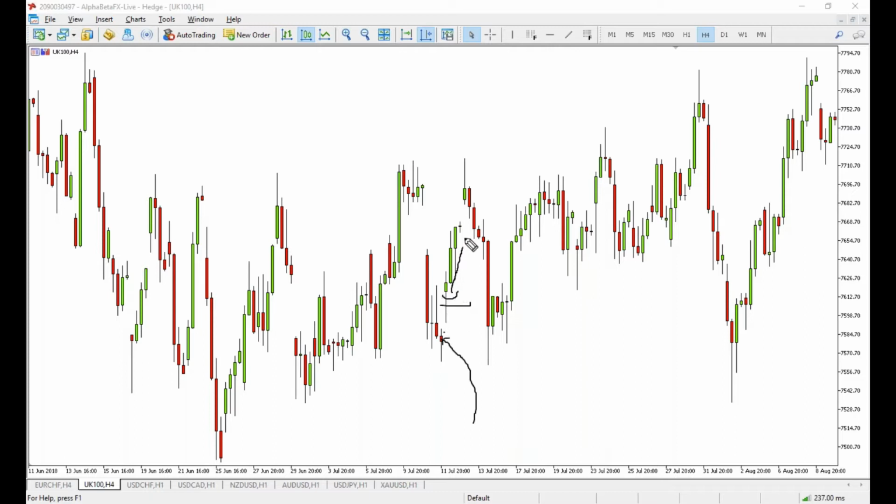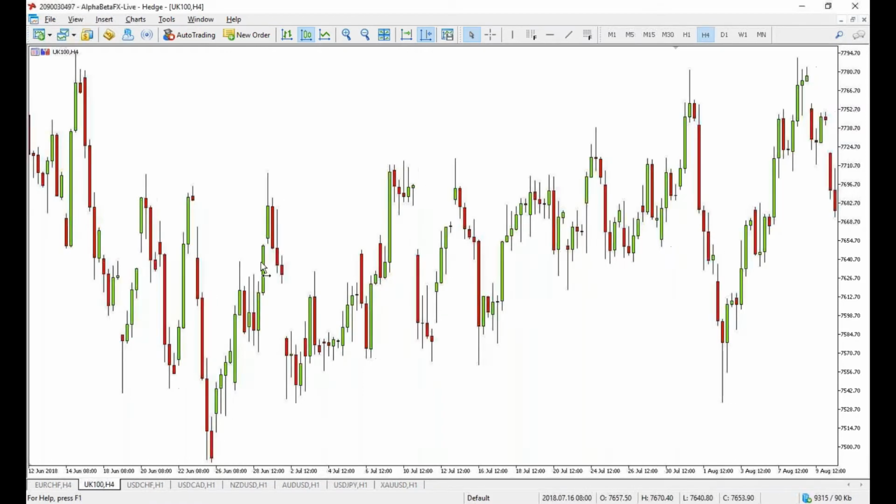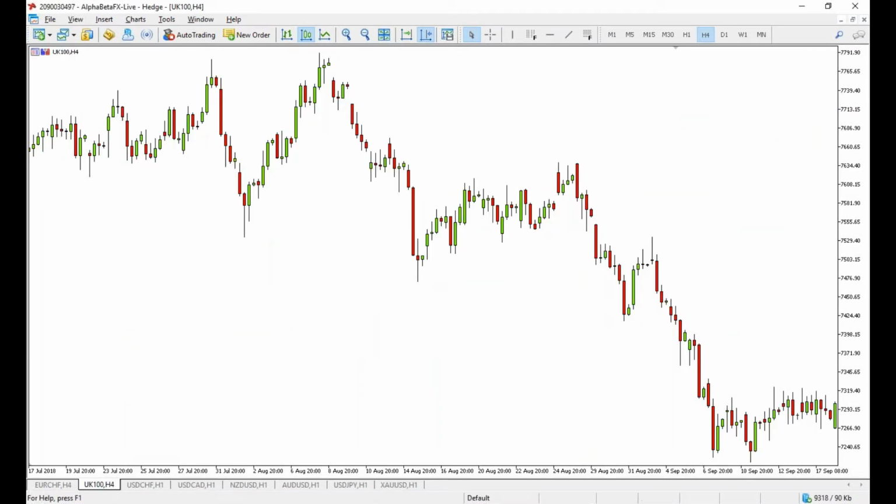And the price has gone way up, up, up. So this was a classical example of the bullish kicker. Similarly, we can train our eyes and find the bearish kicker in this market. We still have different candlesticks to cover.